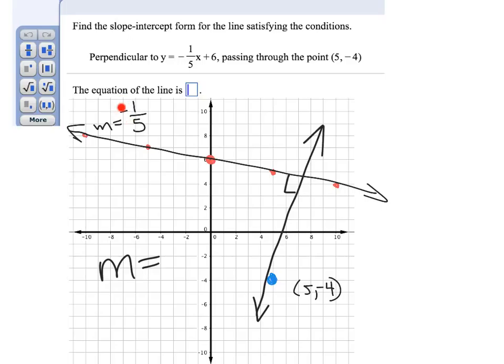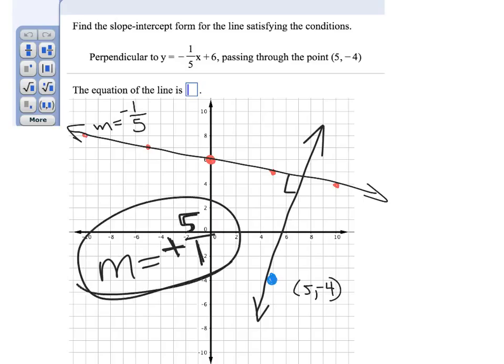This is negative, which means our new slope is going to be positive, so that's the opposite part. And the reciprocal means instead of 1 over 5, it becomes 5 over 1. So there is our slope of this new line that we are looking for.